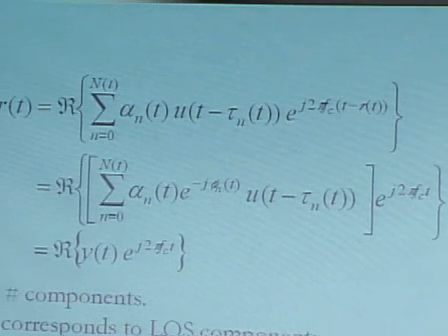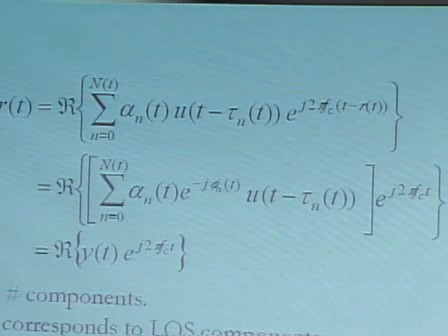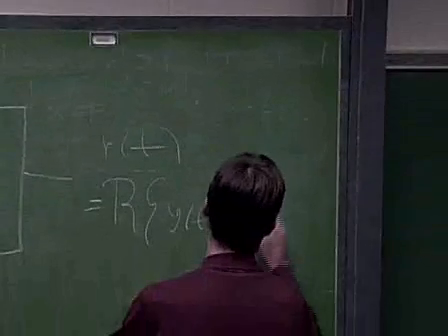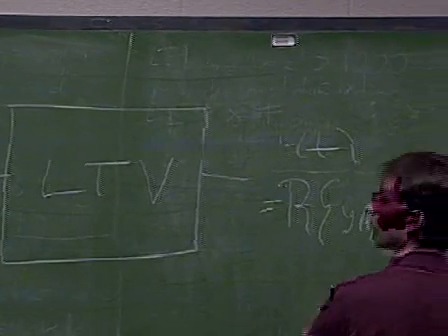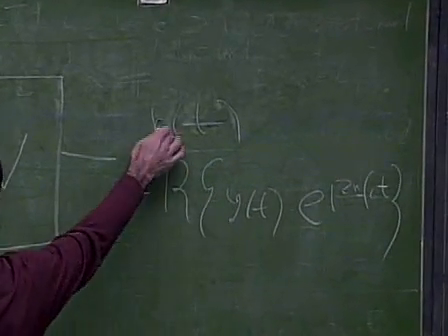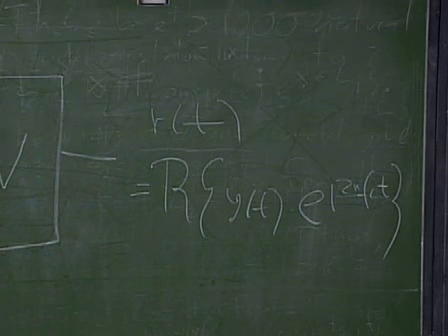So at the output of the channel, we have r of t, which is equal to the real part of y of t times e to the j 2 pi fct. So s of t and r of t are the passband signals, and u of t and y of t are the equivalent low pass. Equivalent notations.